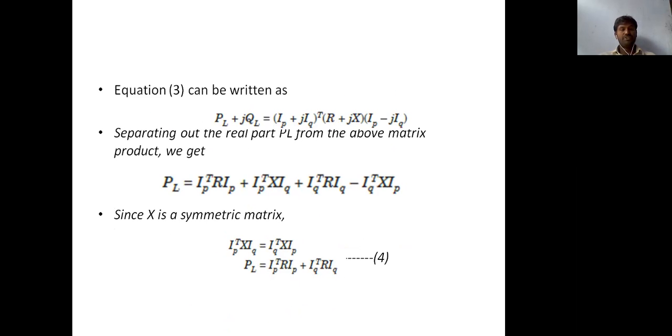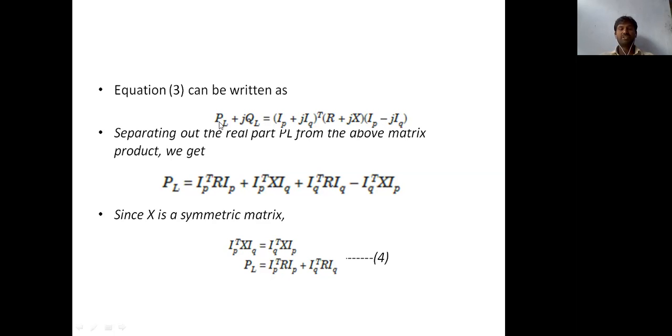So the above equation can be written as PL plus jQL equal to I bus transpose, which is IP plus jIQ transpose, times Z bus, which is R plus jX, times I bus conjugate, which means IP minus jIQ.